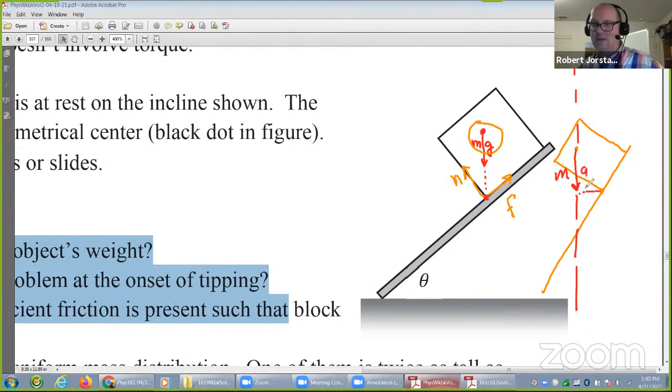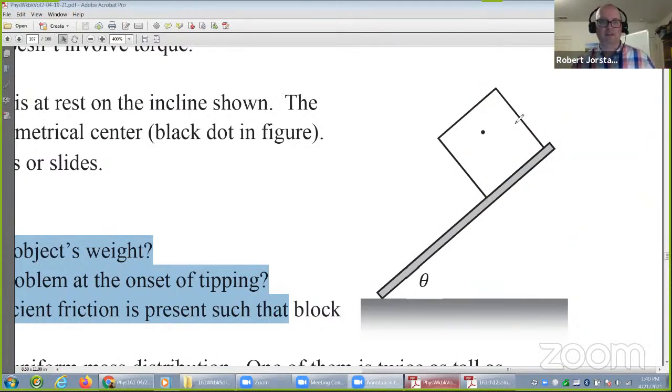So if you're thinking about things tipping over, try to think about where the center of mass is and think, is it going to cause a torque that causes it to tip or not? Obviously, if mg was over here, that would serve to keep it on the plane rather than tip over. But anytime basically the line of action from the object's center of mass goes right through the pivot, it's on the verge of tipping. Okay, that's one thing about tipping.